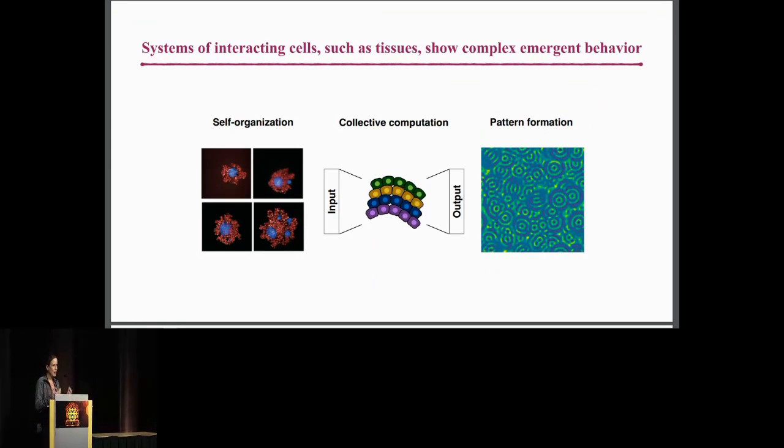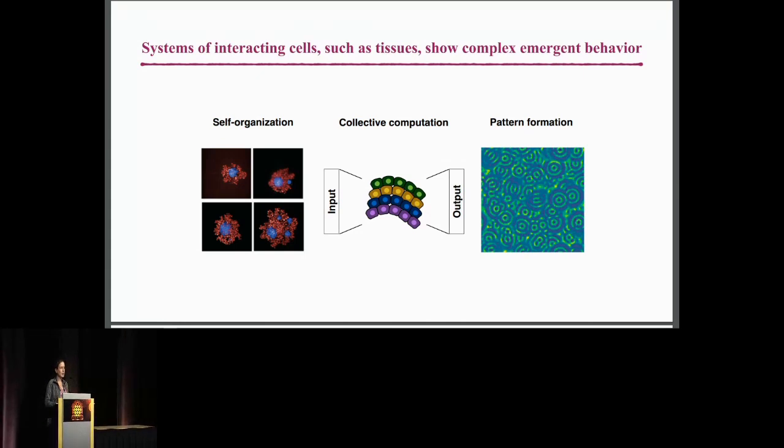So we've been thinking a lot about collective multicellular behavior that has to do, for example, with self-organization and what are the underlying rules for cells and cell-to-cell interactions that lead to these global stable configurations.